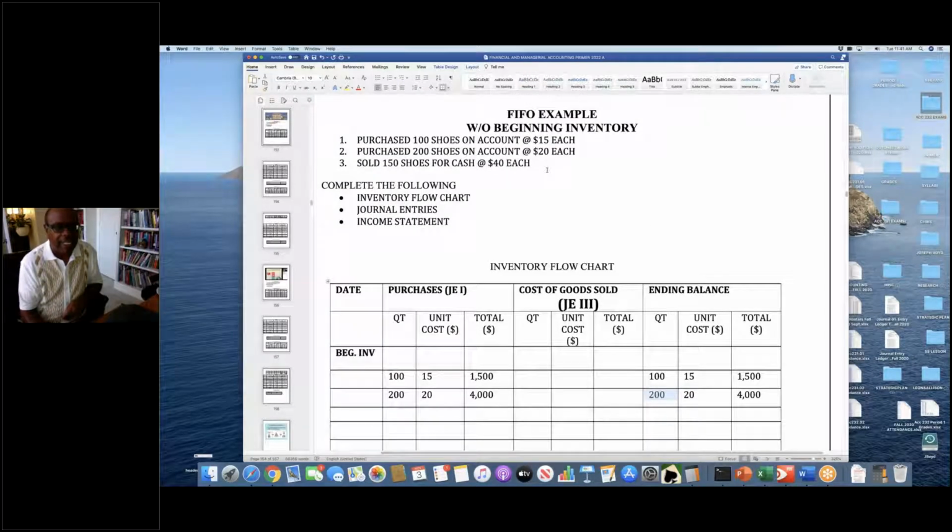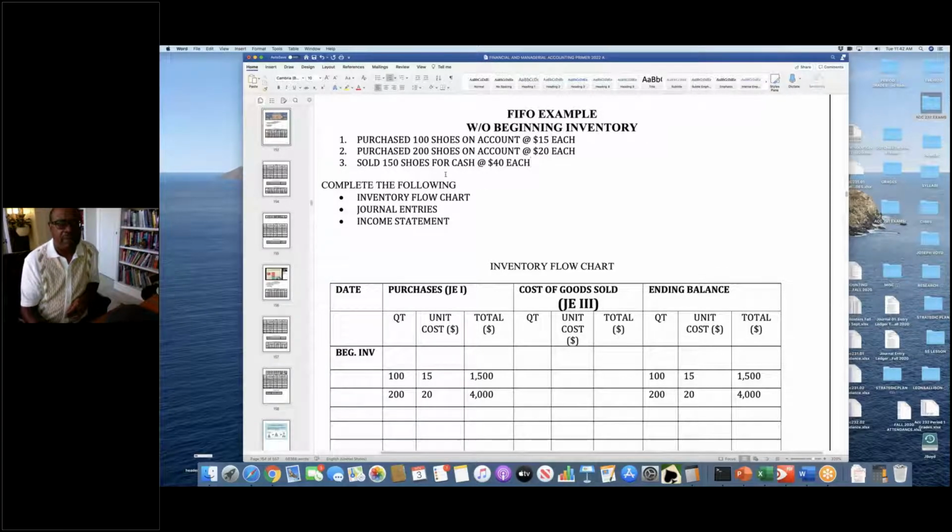Now we have a sale. So now we're happy in our shoe store because we're selling 150 pairs of shoes, because we got to pay for these shoes we bought. Now we need to make two journal entries. The first one, we record the sale.